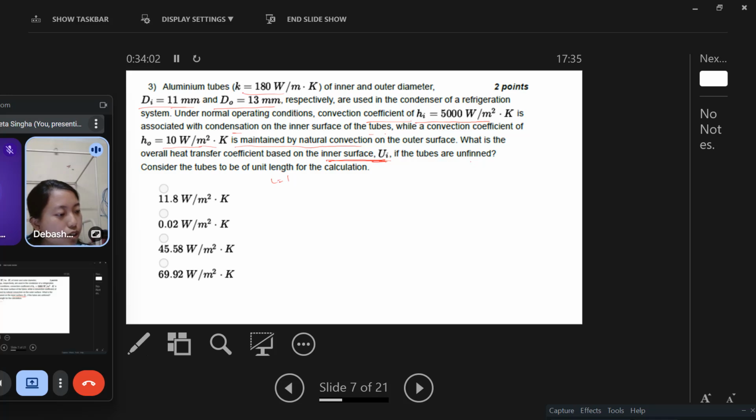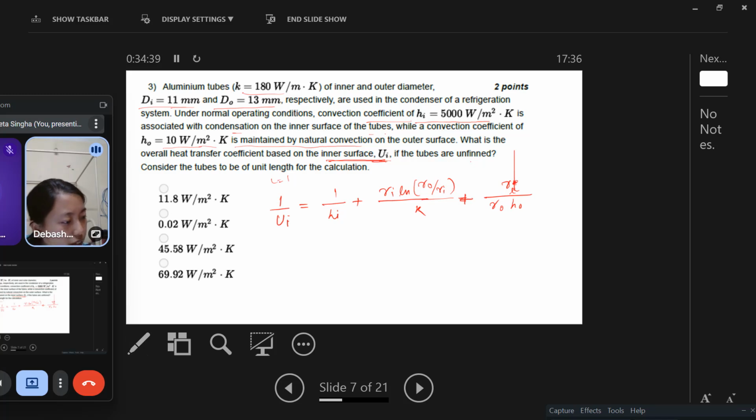So 1 by Ui is equal to 1 by Hi plus Ri ln R naught by Ri divided by K, plus this is Ri.